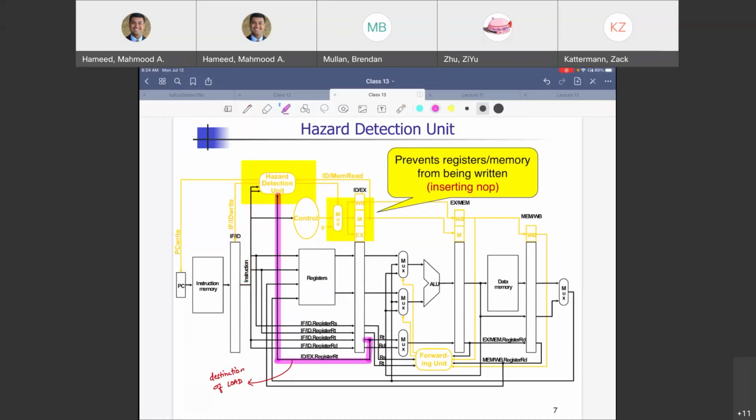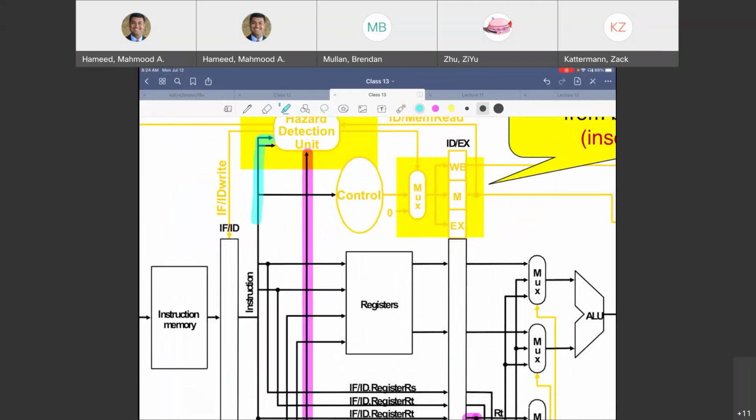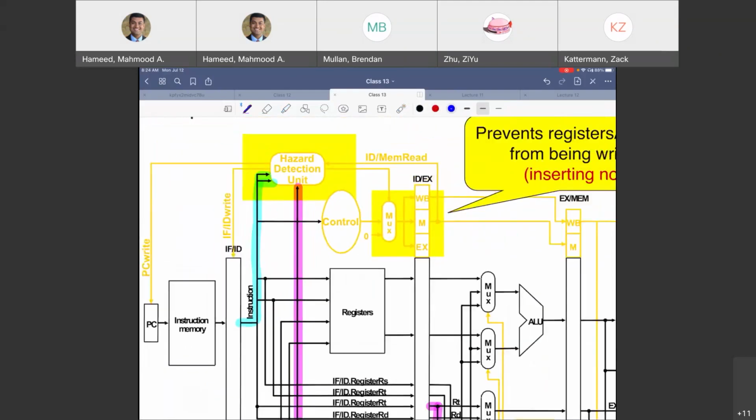So you are comparing, and you can clearly see that there are 2 arrows indicating RS, RT, one of the 2 operands. Right. So this is what I can say. This is source 1, 2 of, in our case, the AND instruction. But in general, the next instruction, the instruction following load.